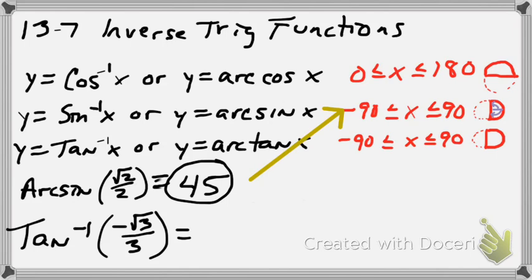So, thinking of our interval of negative 90 to 90, where in that interval are tangents negative, on the top or the bottom? Bottom, because on the top, everything's positive.